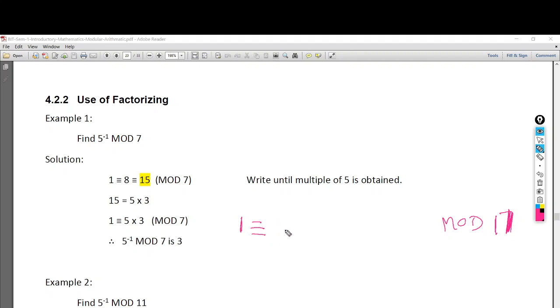Now you have to add 11 to 1, so that is 12, because 1 and 12 are congruent in mod 11, since 1 minus 12 is minus 11, which is divisible by 11. But unfortunately 5 is not a factor of 12.